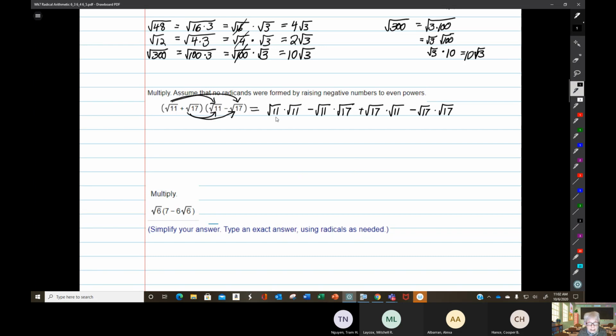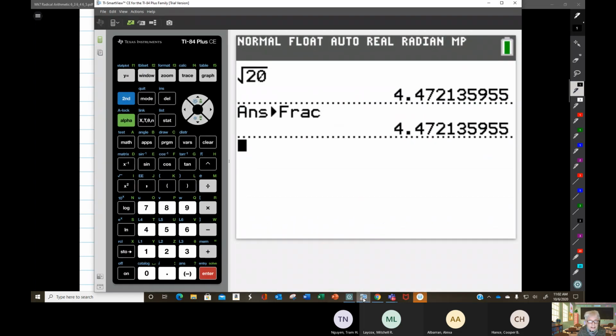Now, we can do this. This is going to be the square root of 11 times 11. Actually, it's 11 squared, isn't it? 11 times 11 is 11 squared. Minus, I have no idea, 17 times 11. No, 17 times 11.